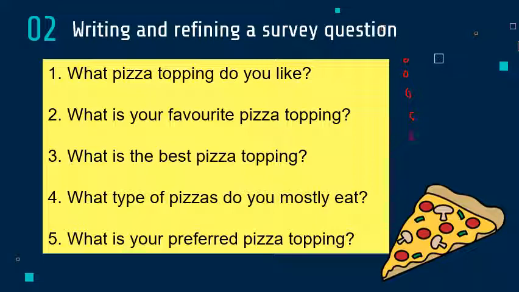So maybe they're ordering from Domino's, and they're the 5 pizzas that are in their budget or the 5 pizzas that they can get delivered. So they need to find out which pizzas they should order for their class. So they're going to do a survey, and we're going to go through each of these questions here and see which one is the best one for this particular situation.